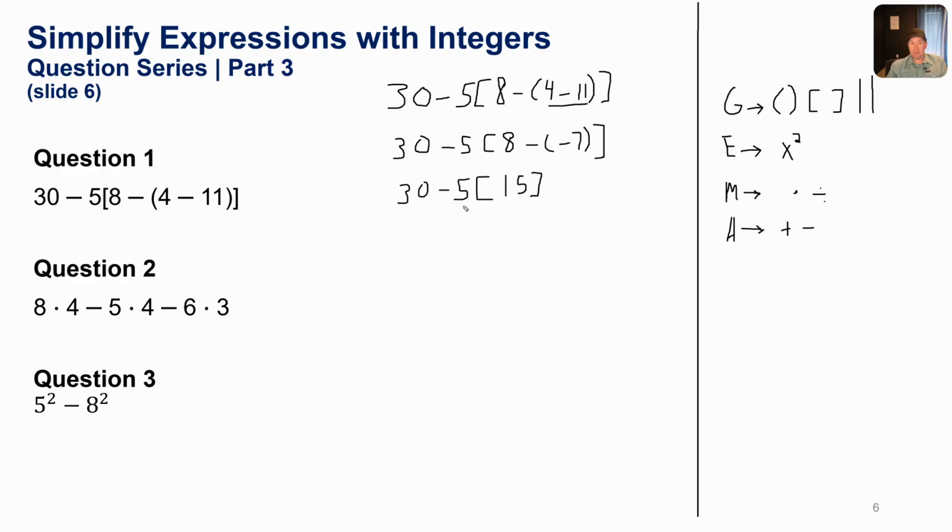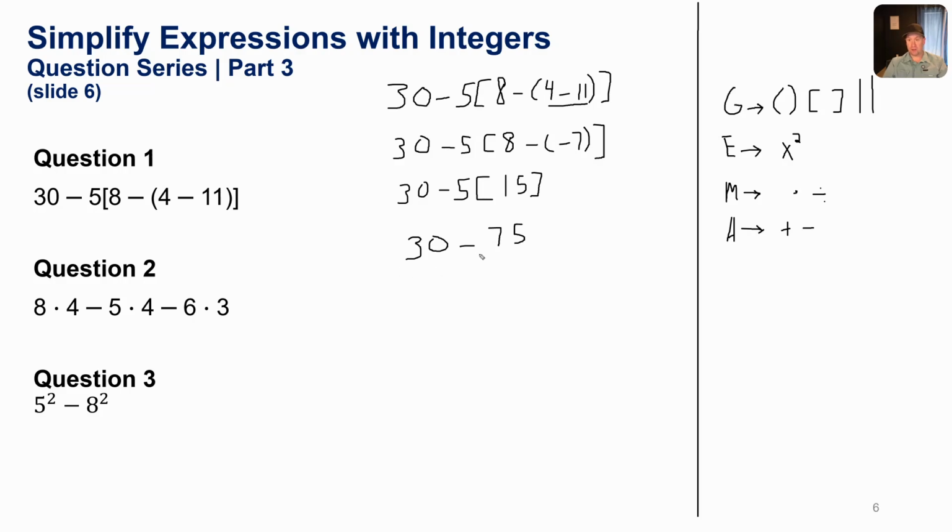Now, when I have a number next to a bracket, it's like a number next to parentheses in that you actually multiply. So doing 5 times 15, we have 15, 30, 45, 60, 75. Okay, so 5 times 15 is 75. So I'm going to rewrite as 30 minus 75.